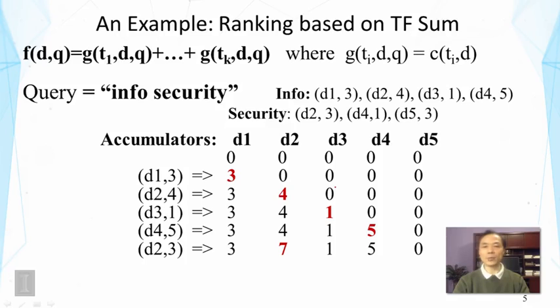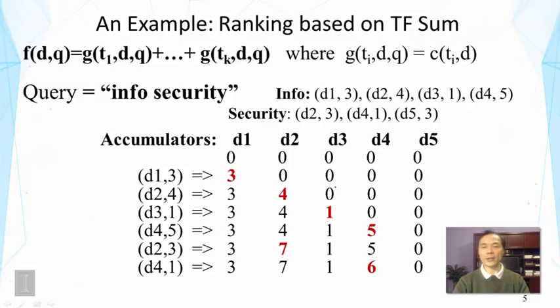So this time we're going to change the score accumulator D2 since it's already allocated. And what we do is add 3 to the existing value, which is 4. So we now get 7 for D2. D2's score is increased because it matched both information and security.